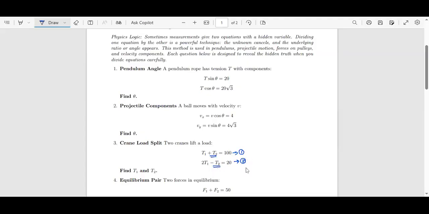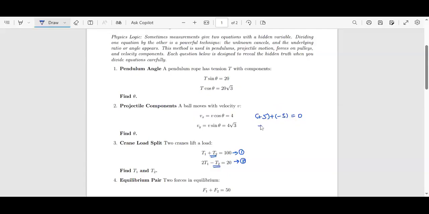If you have a positive value like plus 5 and a negative value minus 5, and you add these two, you get 0. When you add 5 and subtract 5, obviously it becomes 0.